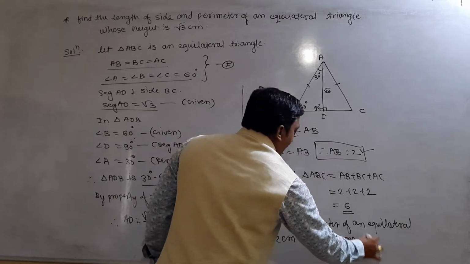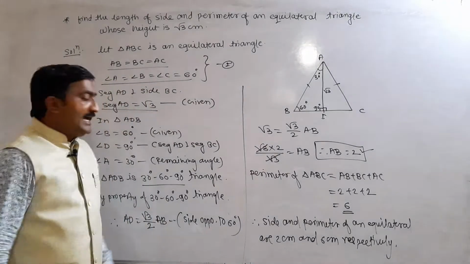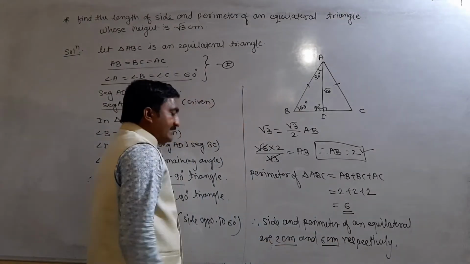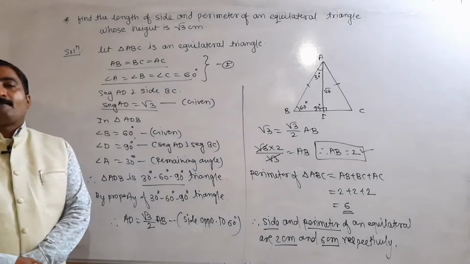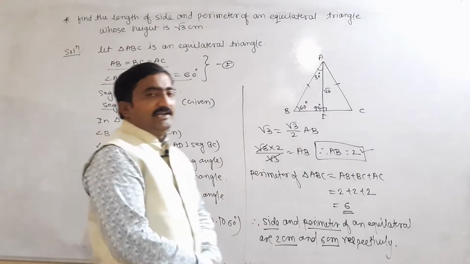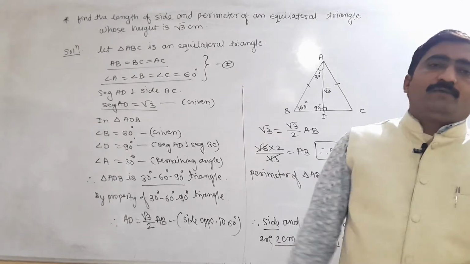This is the side and this is the perimeter. In this way, we can calculate the side and the perimeter of an equilateral triangle.